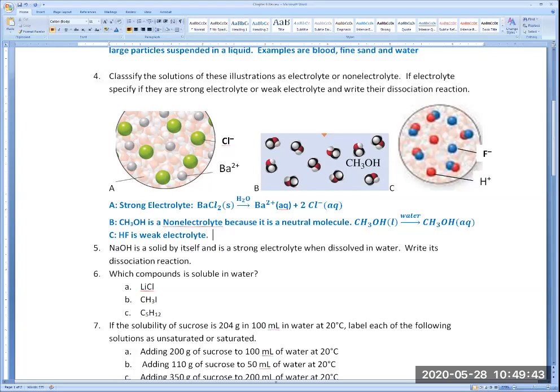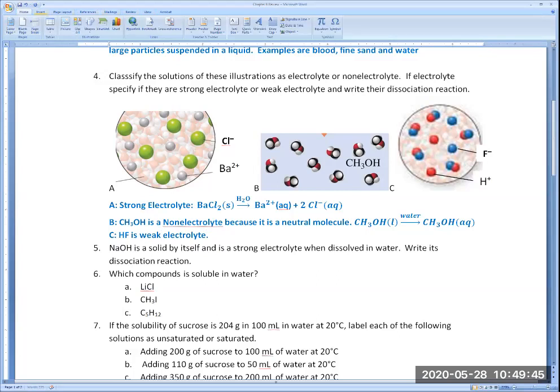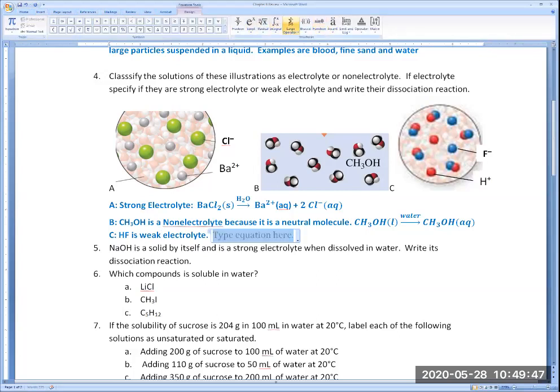So let's write the dissociation reaction. HF is actually a gas when by itself. Well, let me write aqueous because we will do it as if it's already in water.